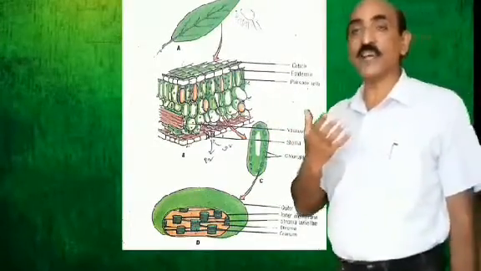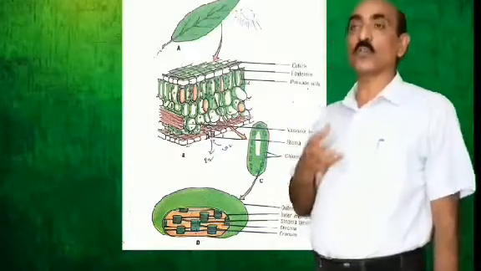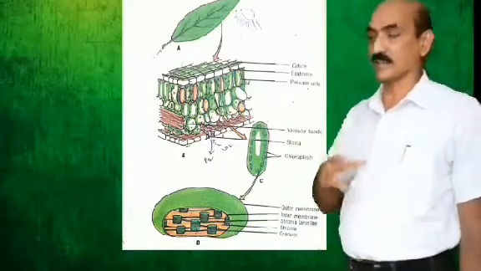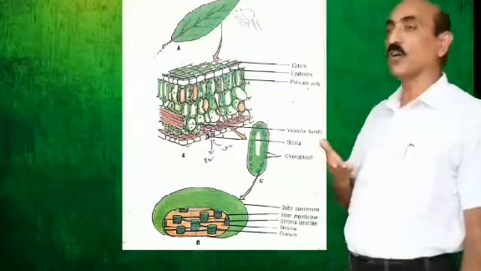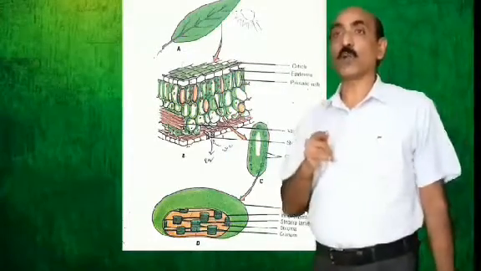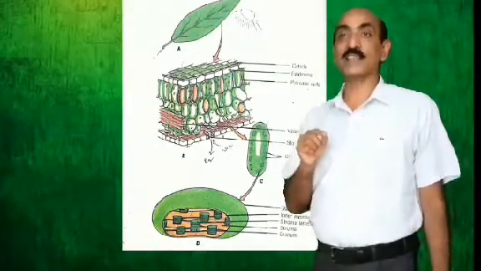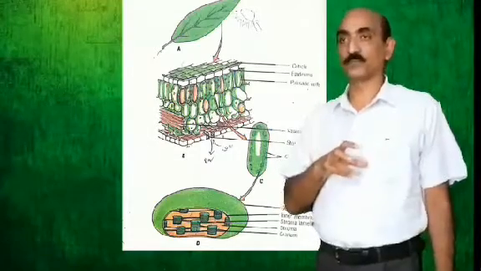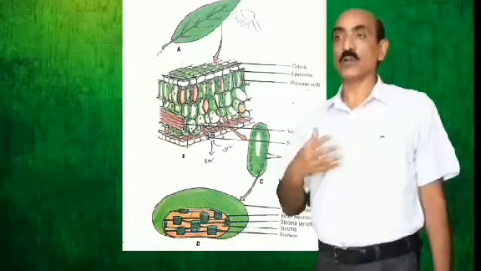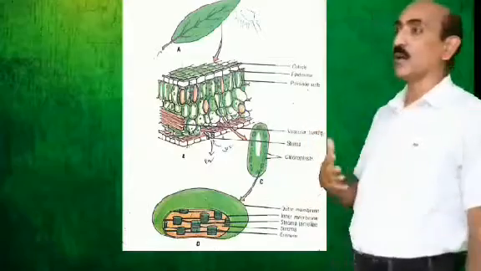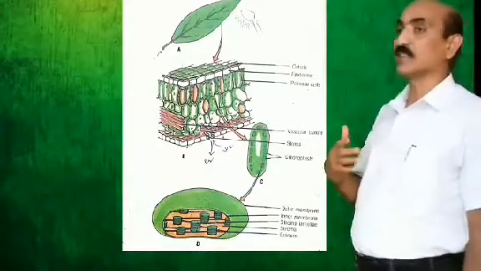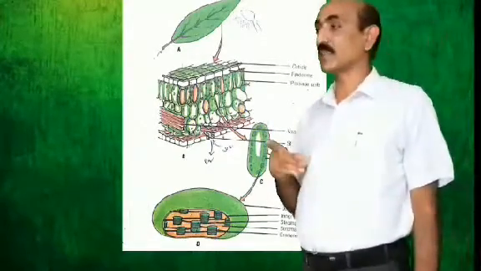Now, where is the site? Where does the actual photosynthesis process occur? Actually, as you know, this is the metabolic process and occurs inside the cell cytoplasm. So, we should know about where is the actual site or this cell where photosynthesis occurs.